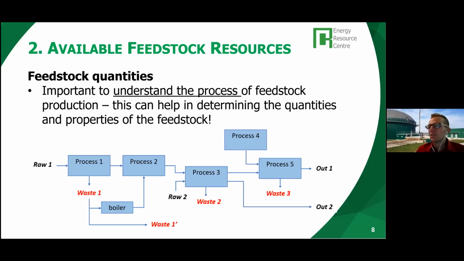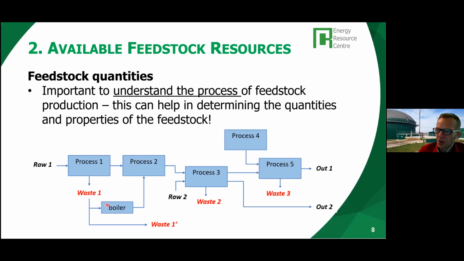So, looking at the amount of feedstock that could be made available, as with the energy consumption, it's very important to understand the processes going on in the factory, in the industry, so that you can better understand what kind of feedstock quantities could be made available and what their properties could be.